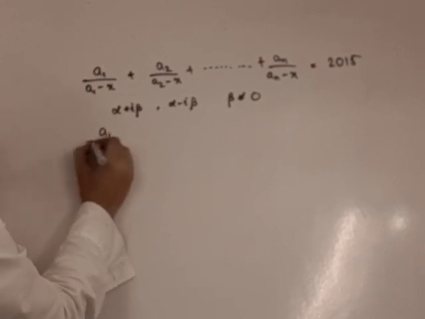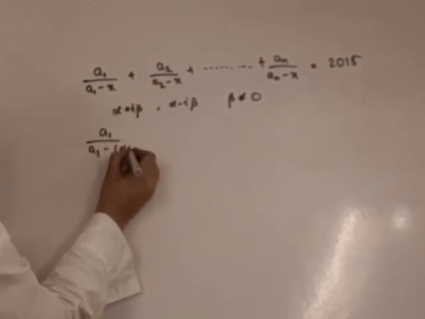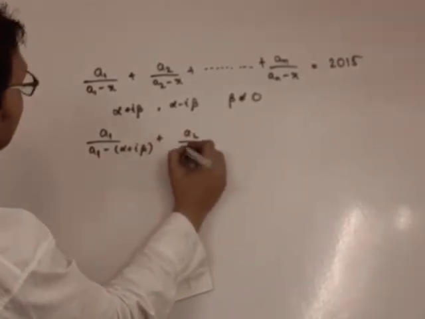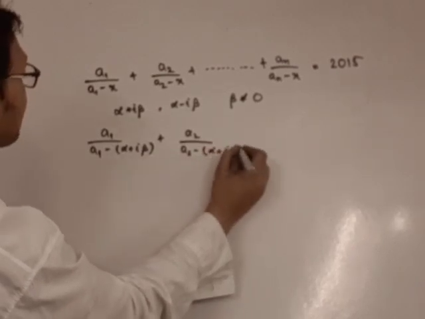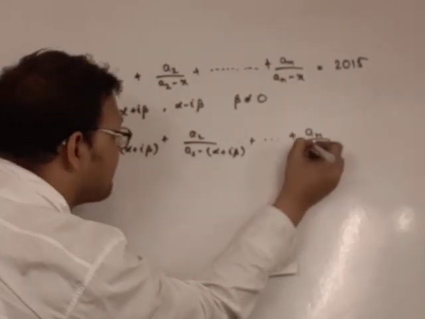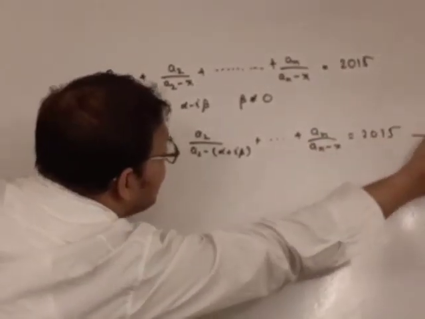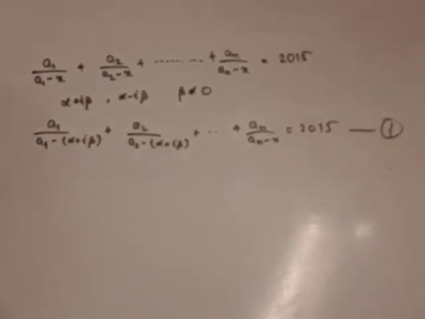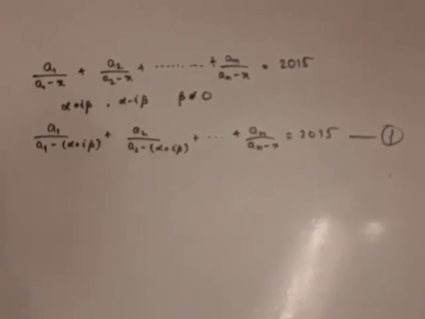So what I do is, since this is a root, it should satisfy the equation. Name this equation 1. And since its conjugate is also a root, I will just shift the board so that you can see it very clearly.